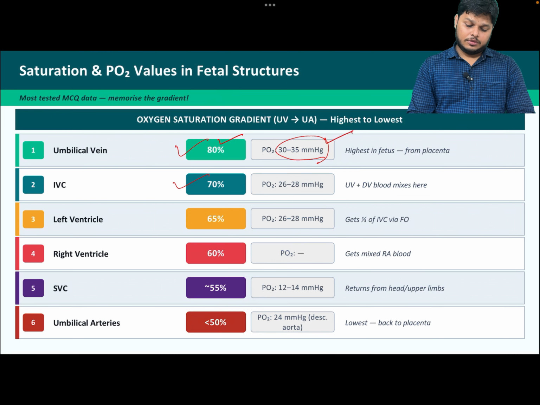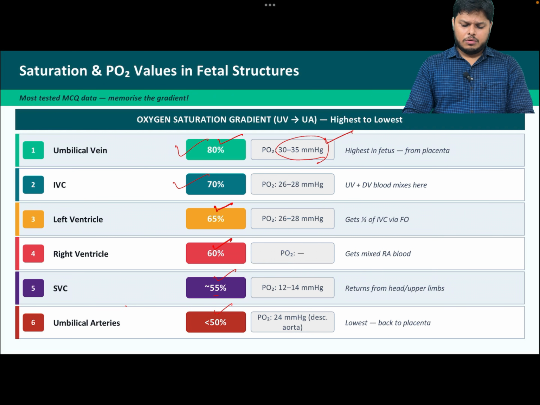Understood? Okay. So left ventricle has 65% saturation, right ventricle has 60% saturation, superior vena cava has 55% saturation, and the umbilical artery is less than 50% saturation, because they carry mostly deoxygenated blood into the placenta for reoxygenation. Similarly, PO2, mug it up. Nothing to remember, mug it up.